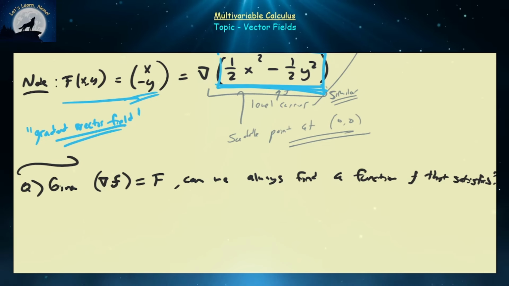Take a moment and maybe pause or think about this. Will this be yes or will this be no? I'll just go ahead and tell you the answer is no. You cannot always find a little function f whose gradient is equal to the vector field that is given to you.